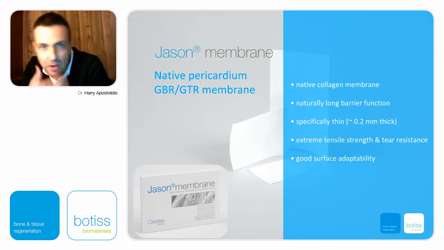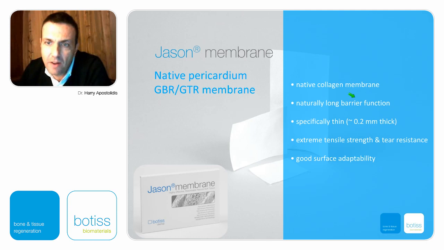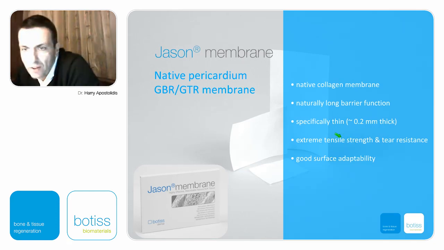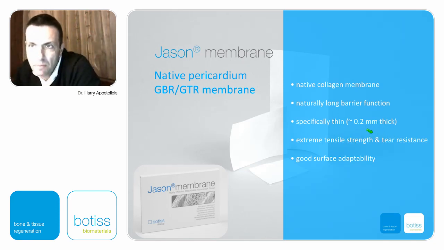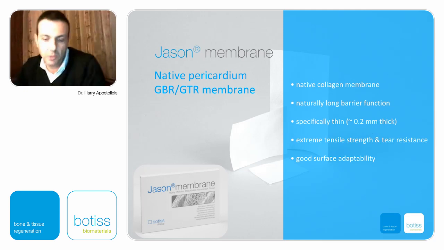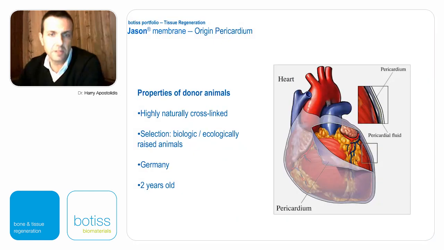And I use the adjacent membrane because it's a native collagen membrane, and it has naturally long barrier function. It's thin and it has a lot of strength. Tear resistant. I can pin it, I can suture it. You will see it afterwards when we show some cases.